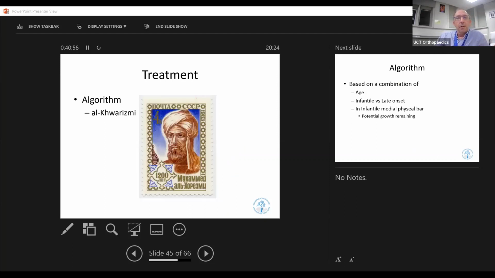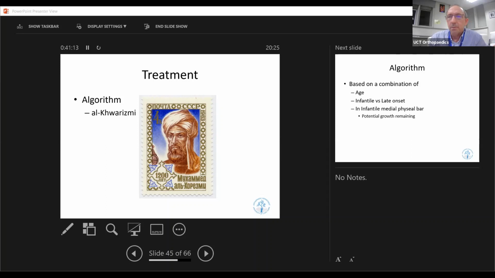So, a slide from Muhammad: an algorithm, a concept of how to deal with a problem based on binary treatment protocols.